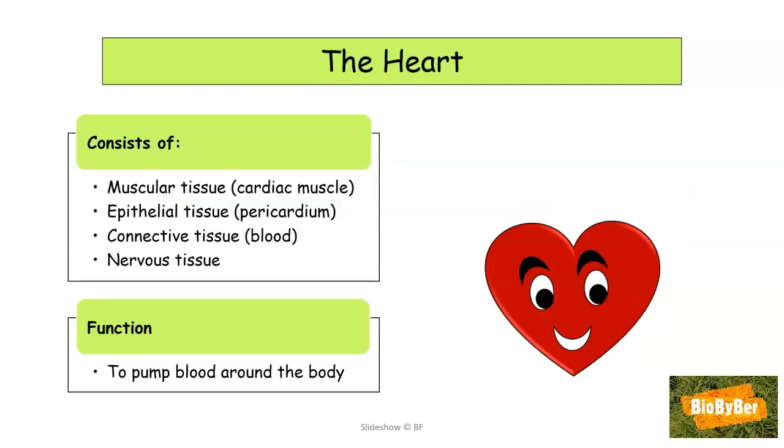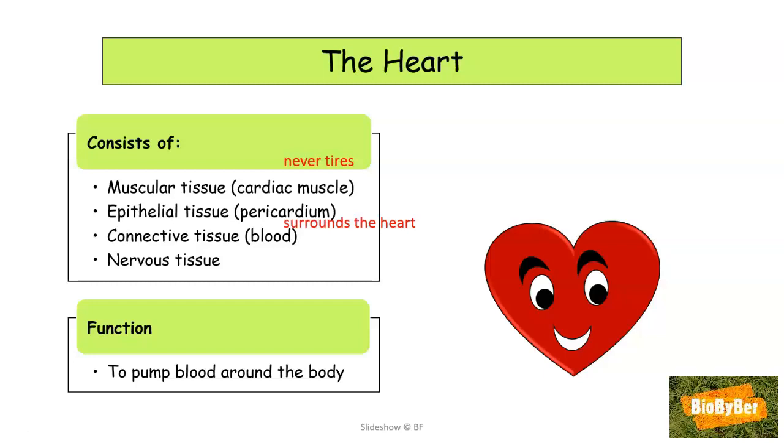The heart, an organ, consists of muscular tissue called cardiac muscle. Cardiac muscle is the muscle in the heart. This muscle never tires. The heart organ also consists of epithelial tissue called the pericardium. This tissue surrounds and protects the heart.